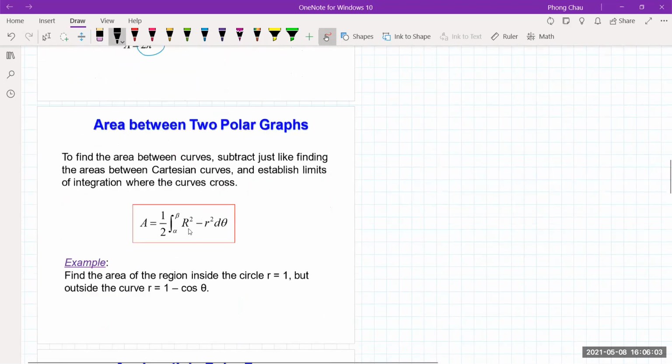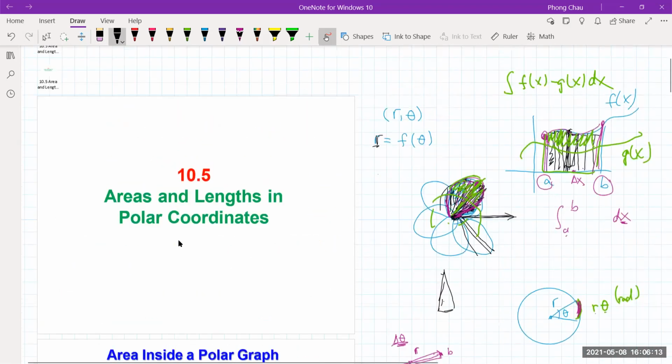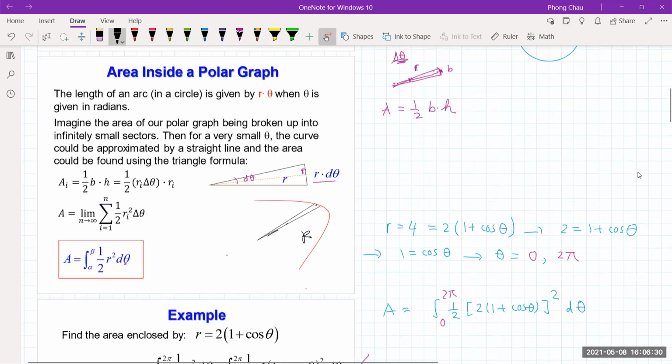Half, integral of R squared minus r squared, from alpha to beta. Now alpha and beta in this case will be the intersections, like here. If the graphs don't intersect, you say from A to B. But if they intersect, then you need to figure out the intersection points that give you A and B. And similarly, the graph might intersect at this angle here, and that'll be your alpha, and then this angle right here is your beta, right?